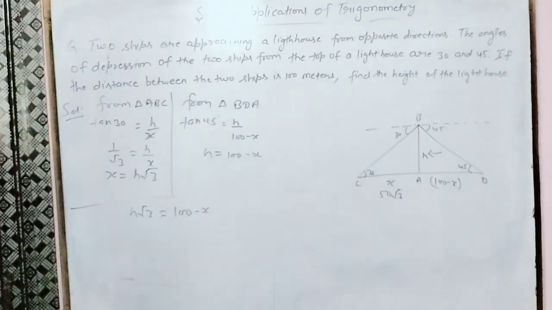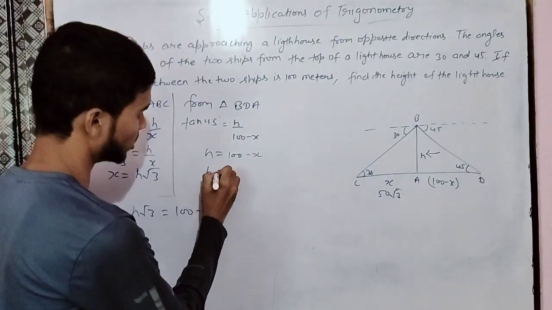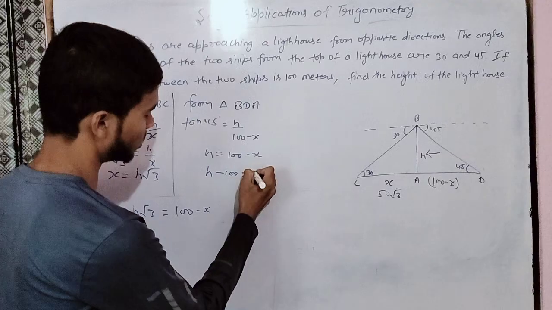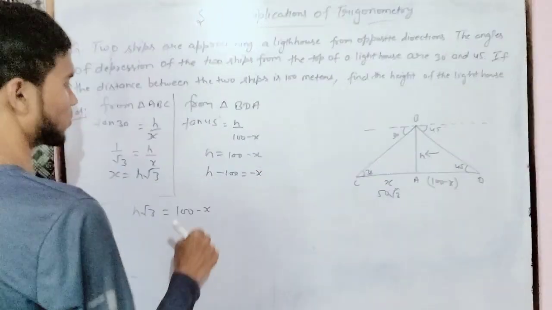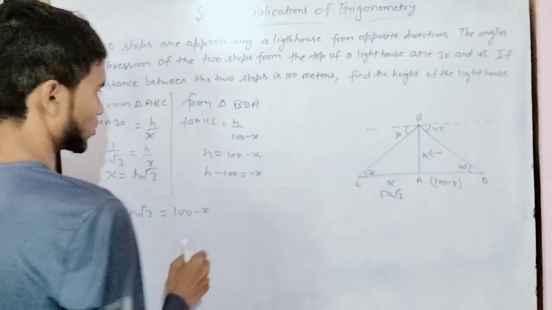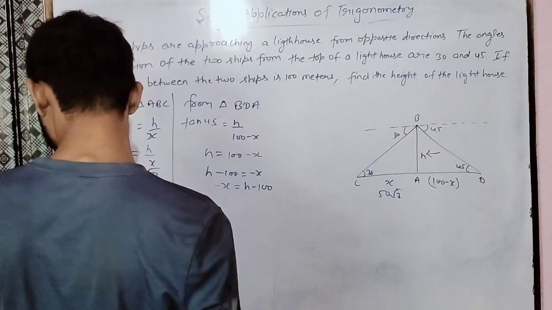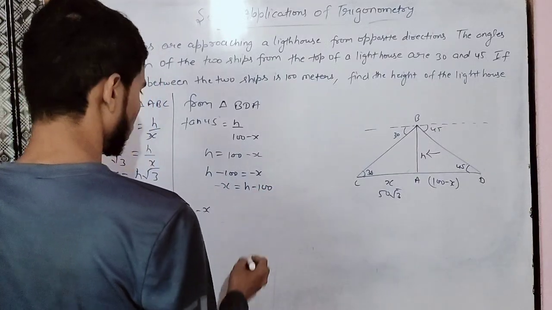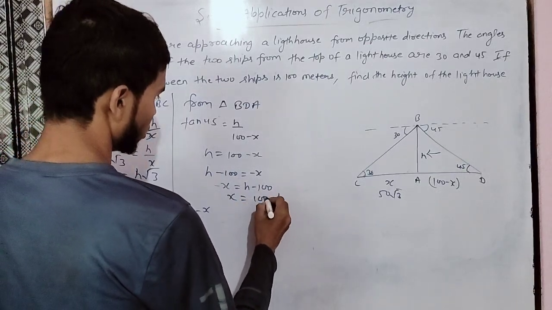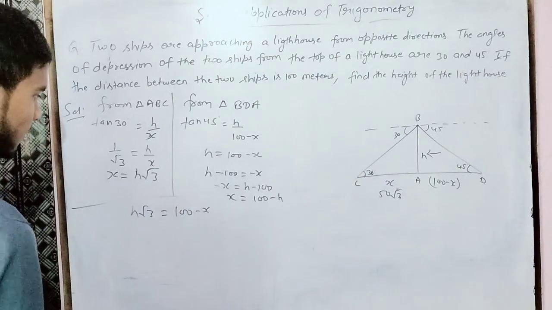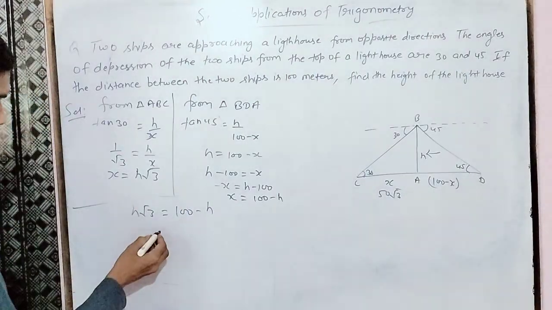What is happening if I put this minus 100 and this is minus x, can I write this like that? I have 100 minus h.